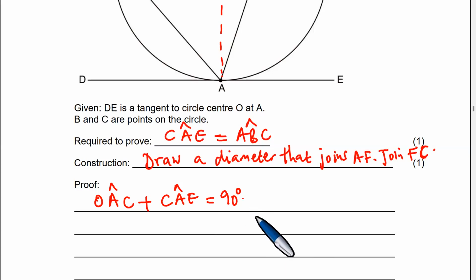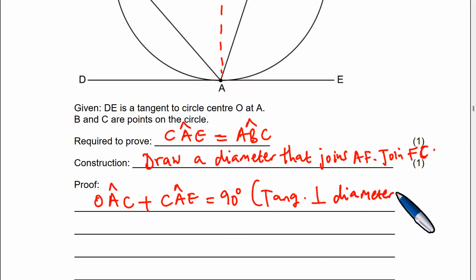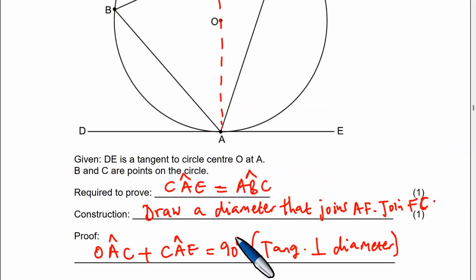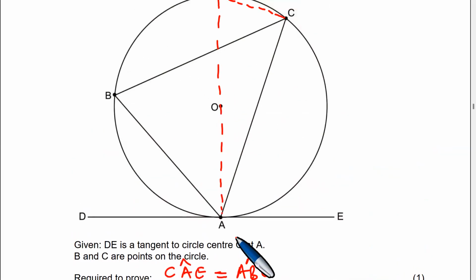Why is it equal to 90 degrees? There must be a reason for that. The reason is because you have a tangent that is perpendicular to a diameter. A tangent is always perpendicular to a diameter. Right. So obviously it makes sense to say this angle here is 90 degrees.